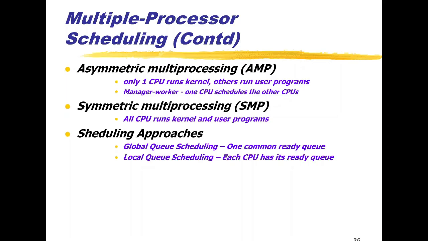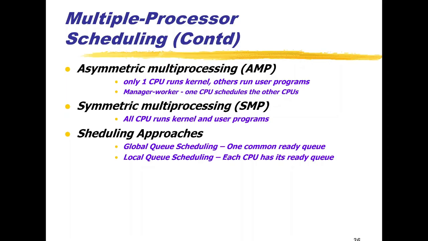Only one CPU runs the kernel and the others run programs. Now you have the manager and you have the worker. So one CPU schedules the other CPUs. That also has its own problems, because sometimes one CPU will be just scheduling and therefore will not really be working. So it may just be wasting time, not really doing much.